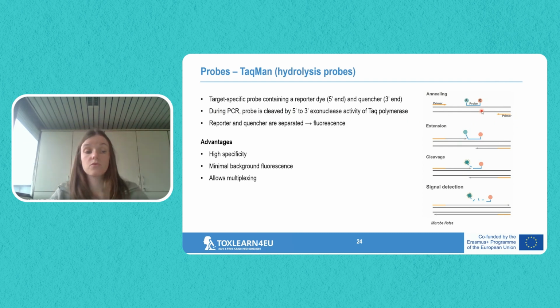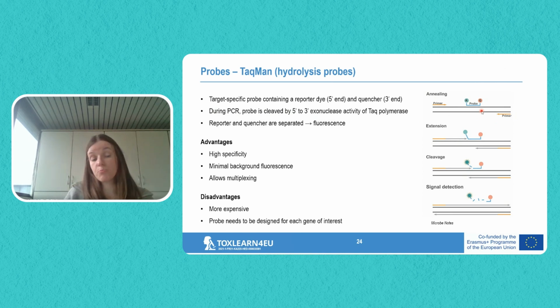And this method also allows for multiplexing. So if you use probes that are complementary to different genes and they work with a different fluorescent molecule, you could measure the expression of several genes simultaneously. And this is, of course, not possible with SYBR Green.